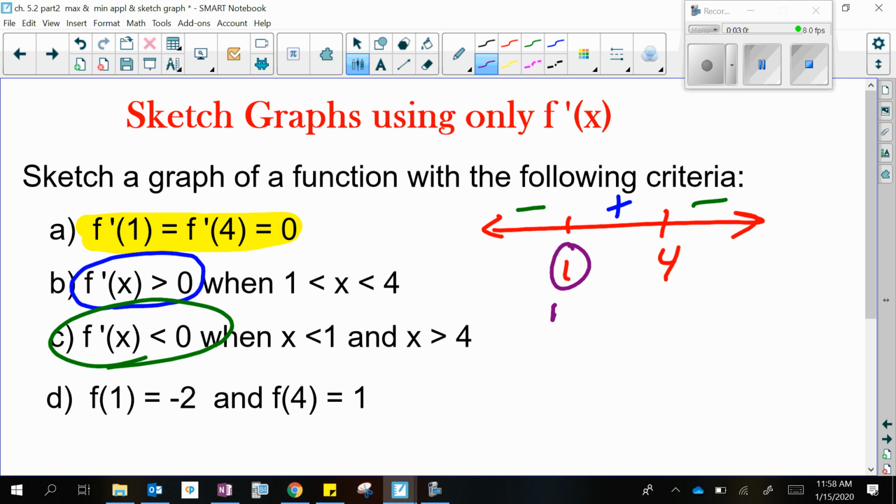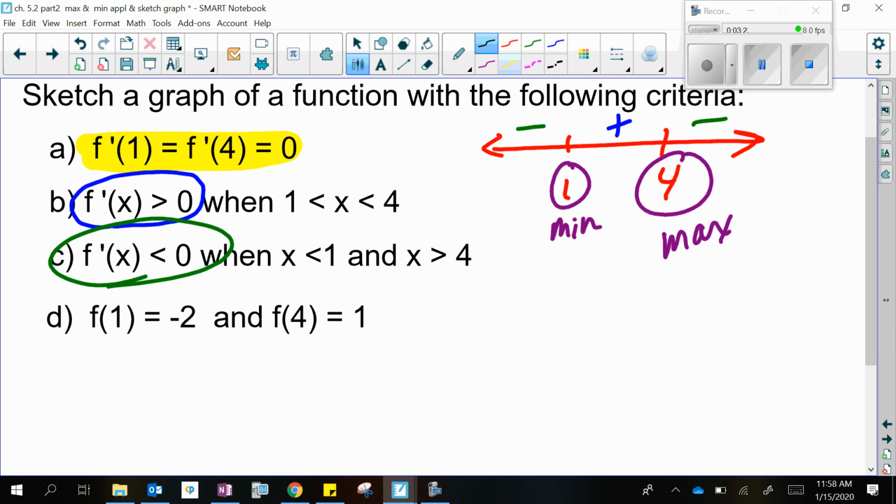It's a min, right? Because it's going down and then coming up. And what's happening at 4? It's a max, right? Because it's going up and then coming down. So now we can sketch a graph of this function without ever having the equation.